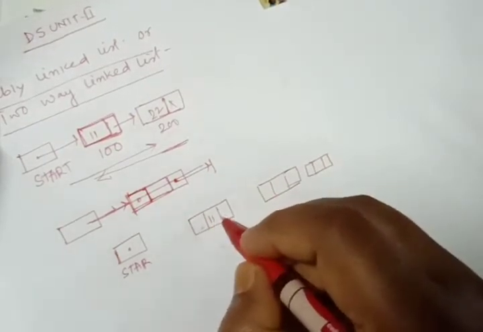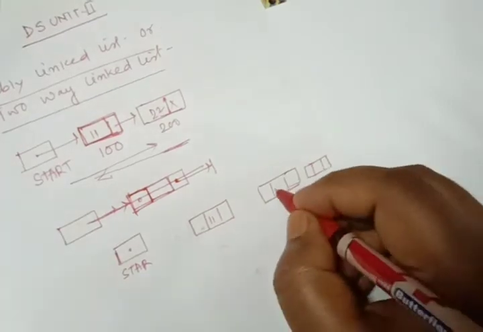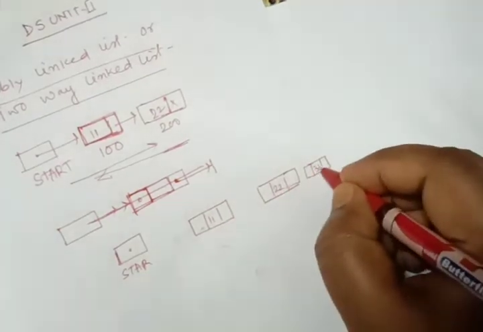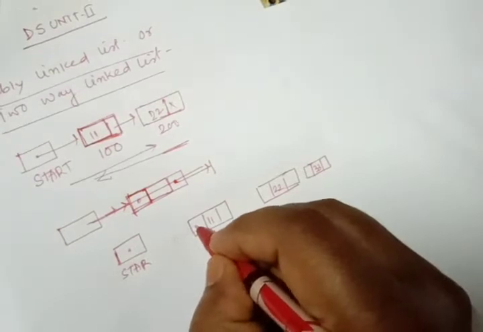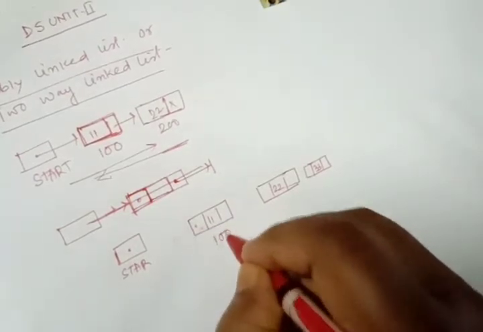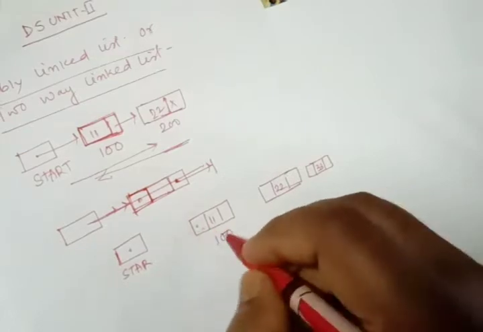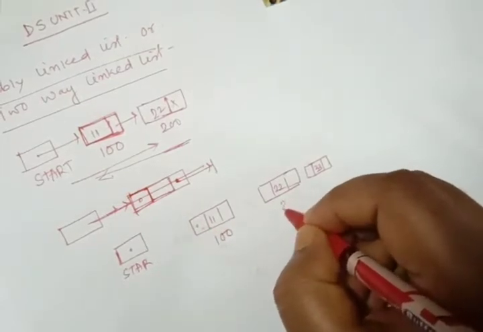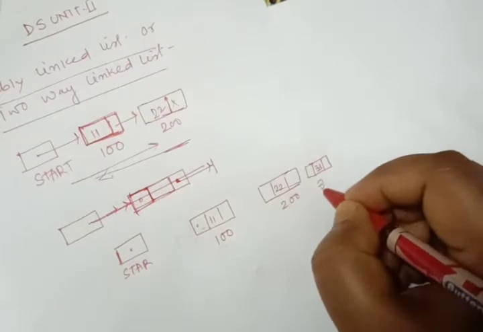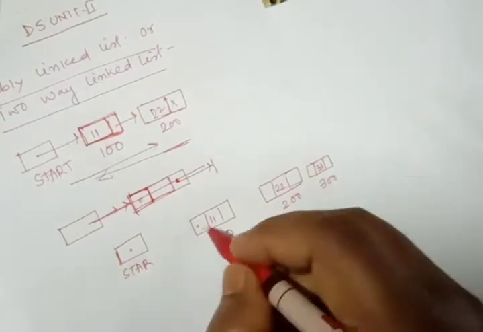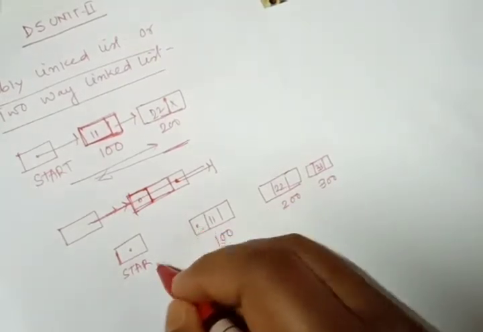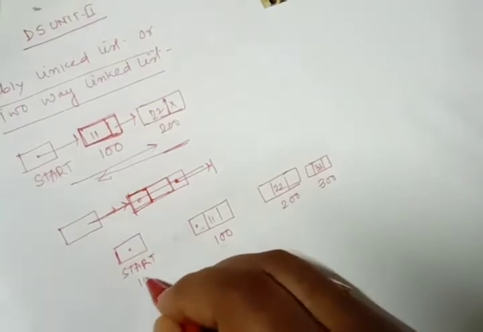The middle part of the node contains the information, and suppose this is the address 100. The first node contains the address 100, 200 is the address of the second node, 300 is the address of the third node. So this is the start node.